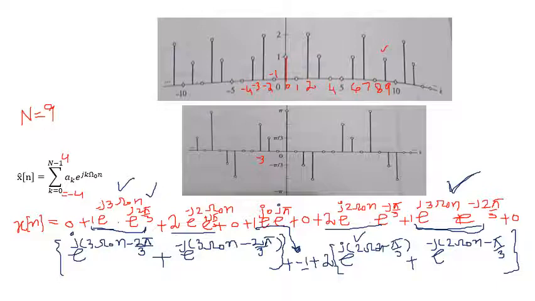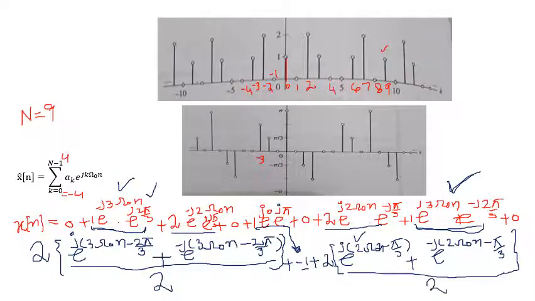Now this is similar to, or in fact the same as, the cos. So if I divide it and multiply it by 2, you can see this is basically cos. And again, if I divide and multiply it by 2, I will get the cos term again here, right? So that means this is basically cos, so it will be 2 into cos of, what is the angle?